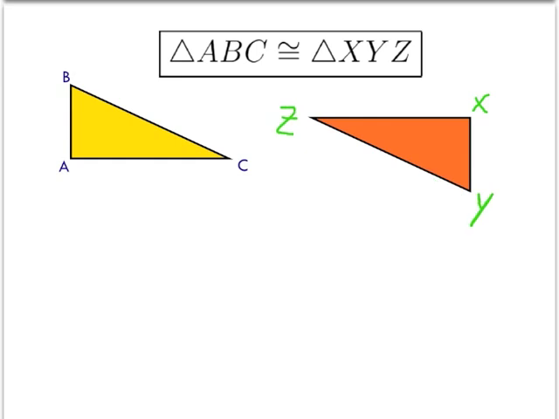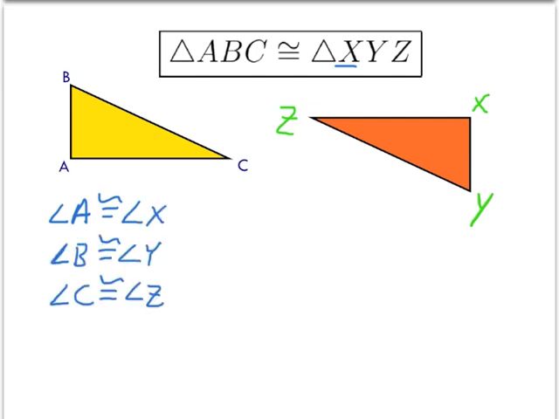So according to the CPCTC, we know a ton of different things are congruent. All of the angles are congruent. So we can go through and start labeling. I know angle A must be congruent to angle, well, A follows X, so angle X. So we know all three pairs of these corresponding angles are congruent, right? Angle A is congruent to angle X, B is corresponding and congruent to angle Y, and Z and C are congruent as well.